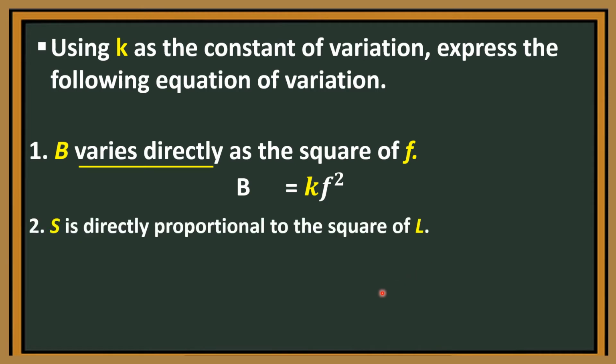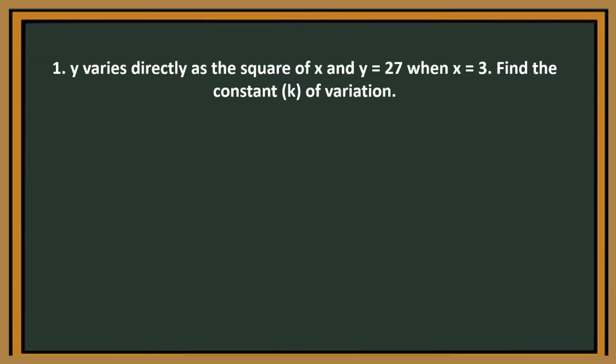Another example, S is directly proportional to the square of L. Directly proportional is the keyword. Let us translate that into an equation: S is equal to k times L squared, where k is constant. Let's have an example problem.